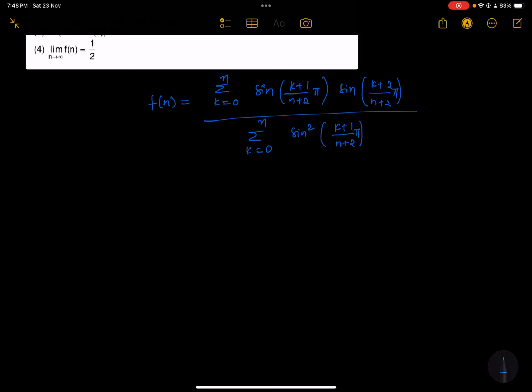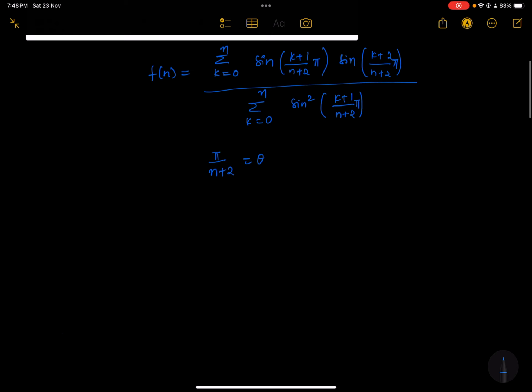To make our life easy and for the convenience of calculation, let us put pi by n plus 2 equals theta.